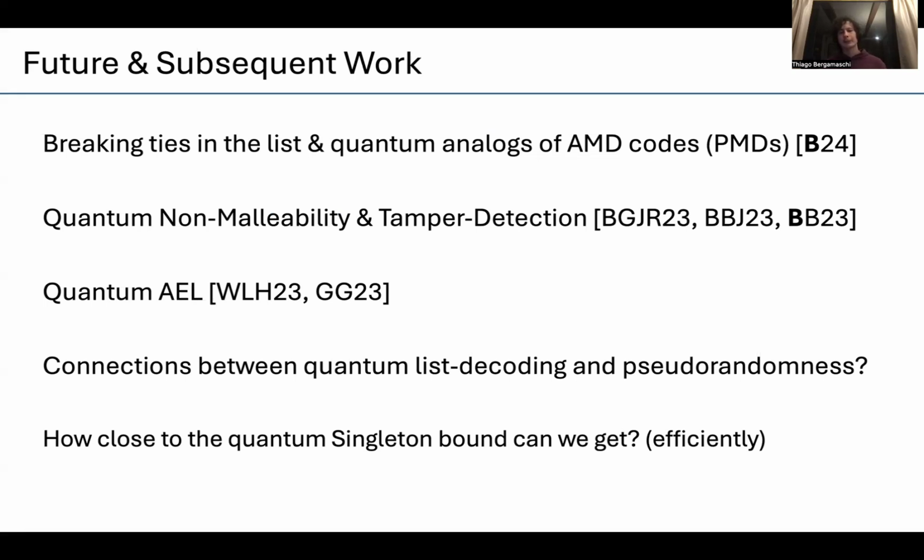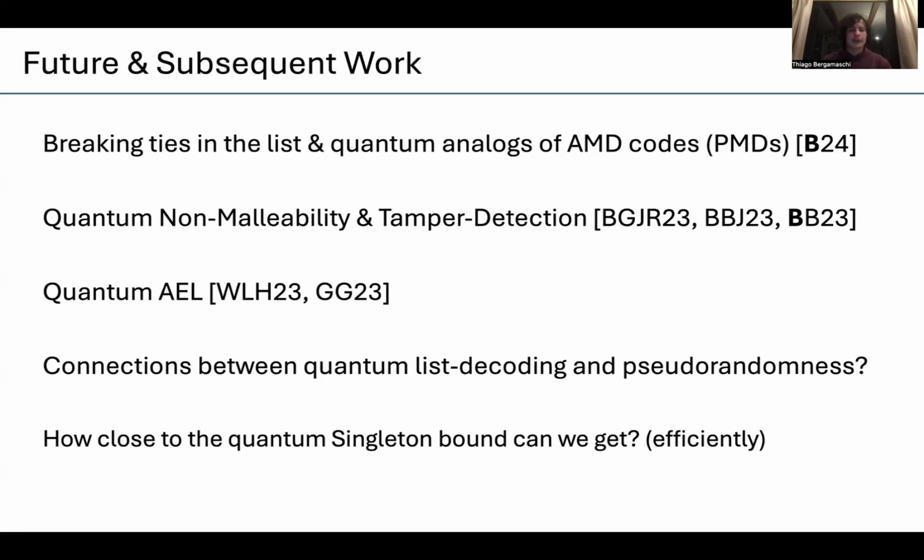And to take a broader perspective, this idea of breaking ties in the list is closely related to notions of error detection and tamper detection. On that note, I want to refer you to a very interesting recent line of work on tamper detection and non-malleability in the quantum setting. Finally, this development of quantum distance amplification, or quantum AEL, has found recent applications to local testability and local recoverability as well.